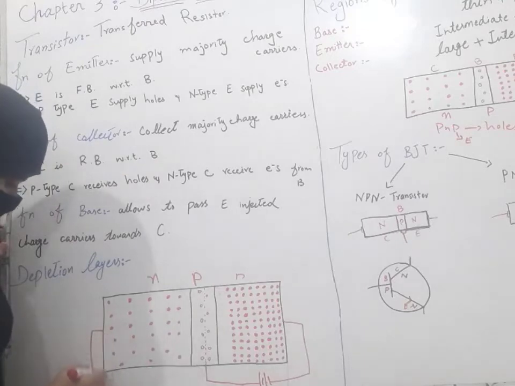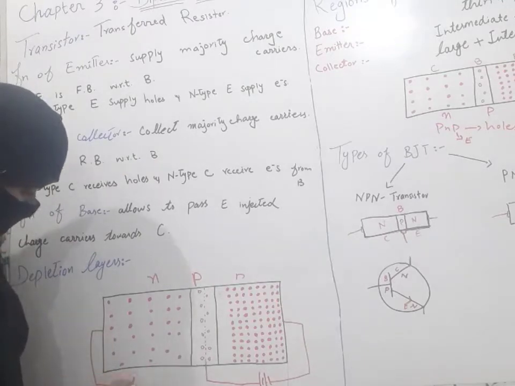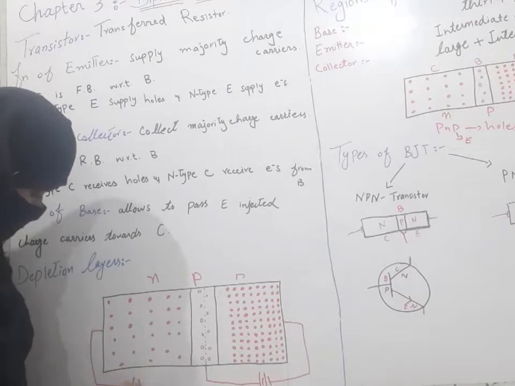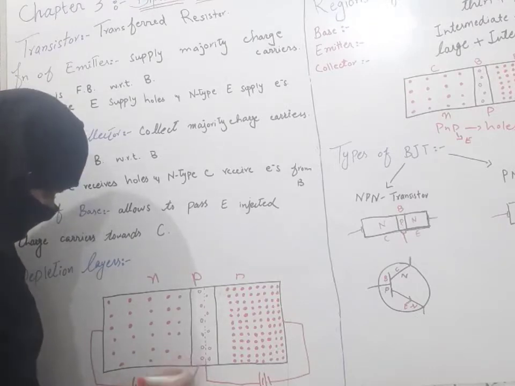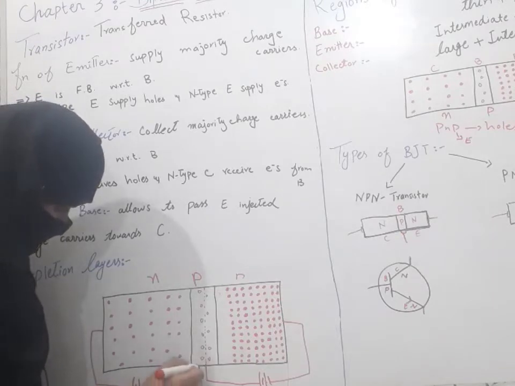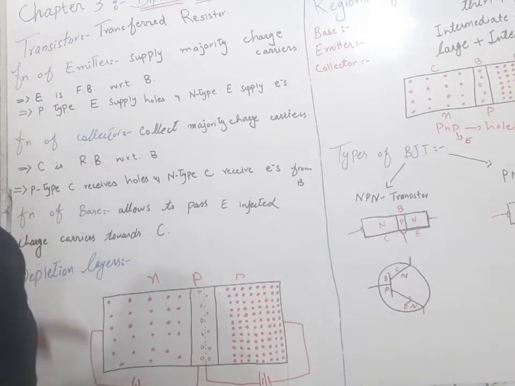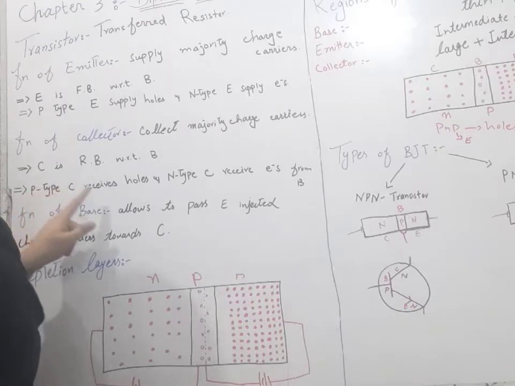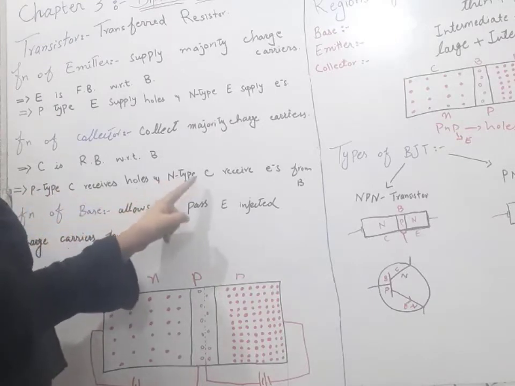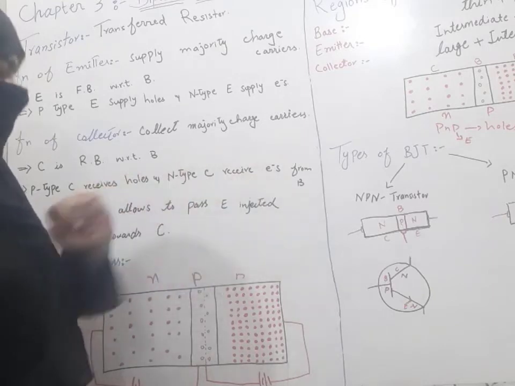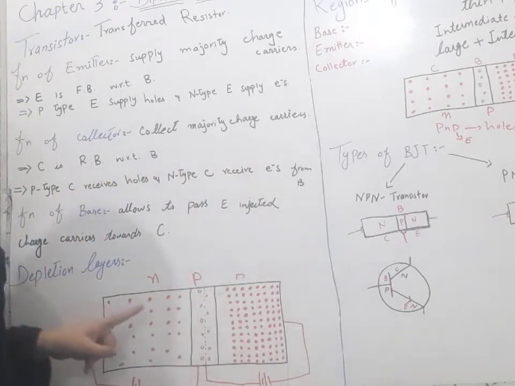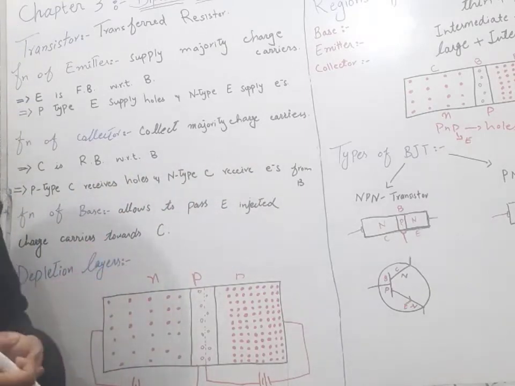To make our collector reverse biased, we connect the positive terminal of our battery with the collector, and the negative terminal of our battery with the base. A p-type collector receives holes, and an n-type collector receives electrons from the base.